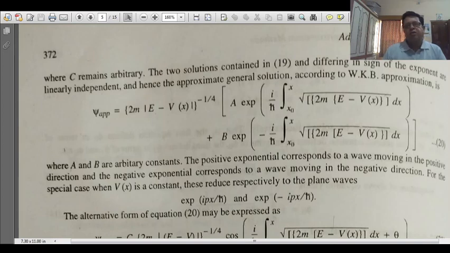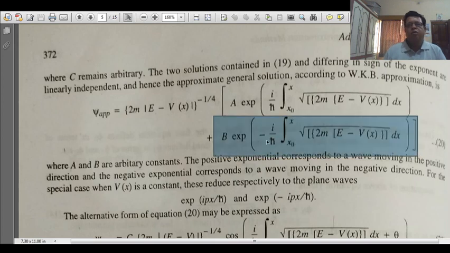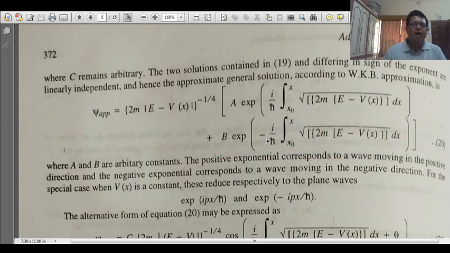These differing signs in the exponent are linearly independent. So the approximate general solution for the WKB approximation is given by psi approximation: the first term is A times the solution with plus, and the second term multiplied by B for the negative sign. A and B are arbitrary constants.